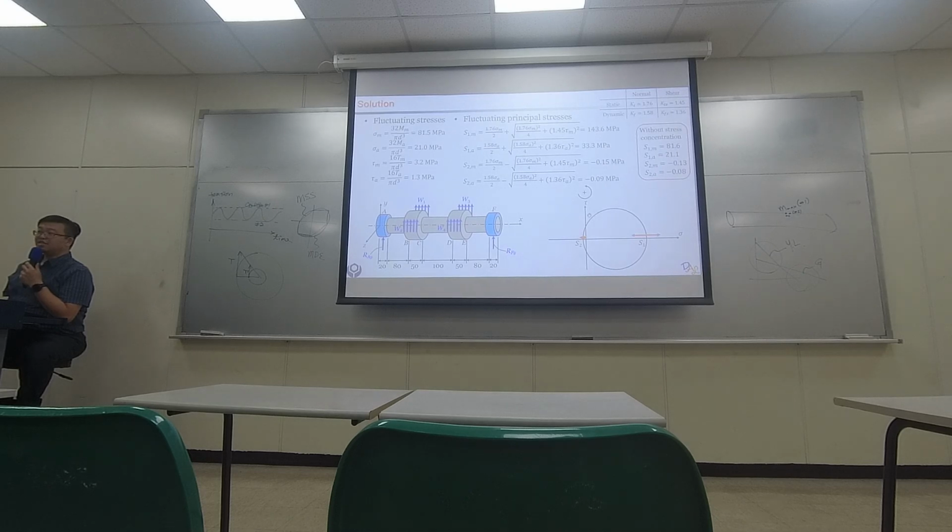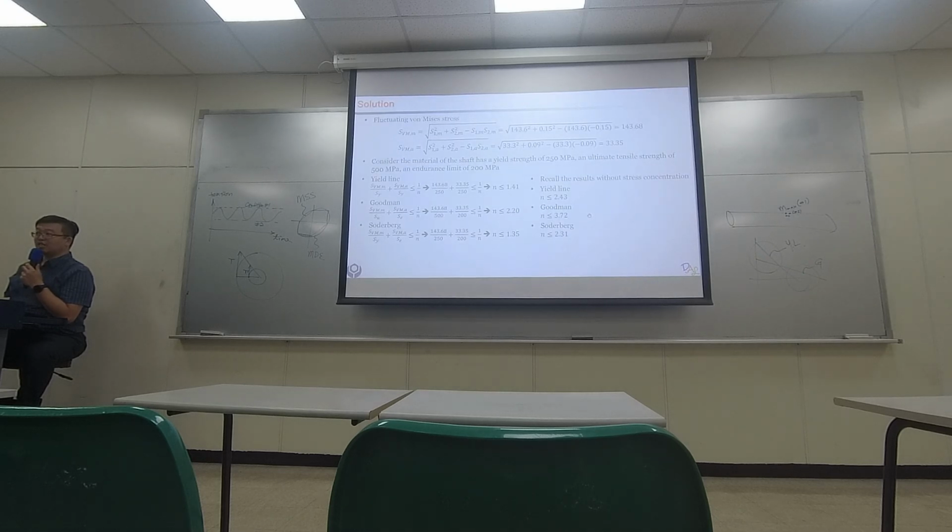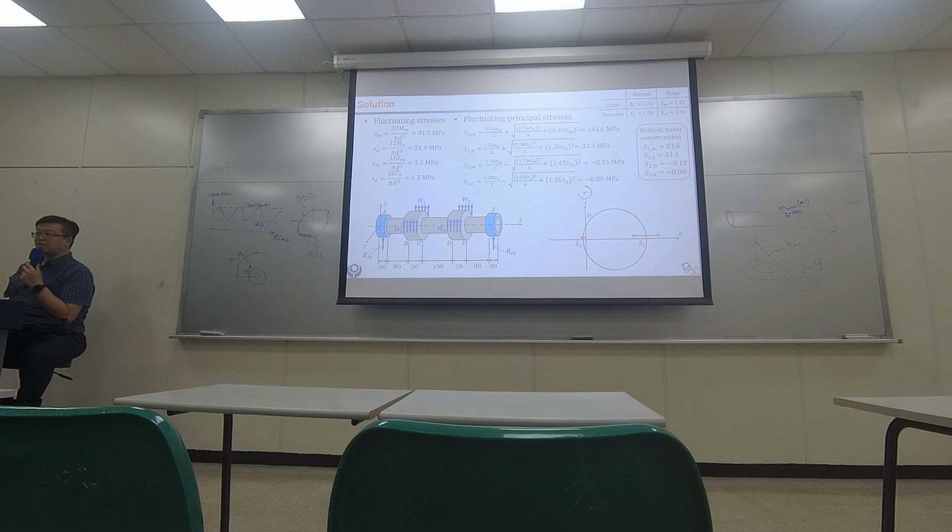And then we need to plug in. Oh, where did I plug in? Here. If you take a look at the principal stresses, I am applying some multiplier in front of all the stresses. They are the K times larger stress at the position with stress concentration.